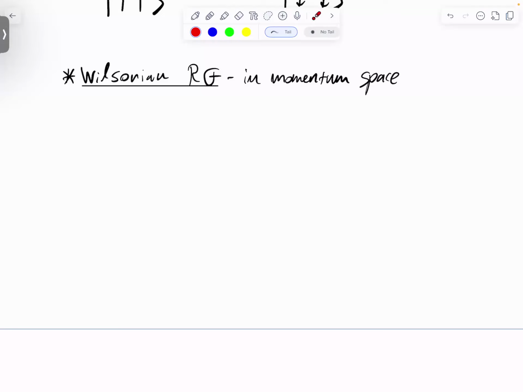Okay, so the idea behind the Wilsonian RG approach is, this is the much more common, I would say, and powerful technique for translationally invariant systems. So you'll find that the real space RG we just described is a powerful method in disordered systems, for example, disordered spin chains, spin glasses, stuff like that.